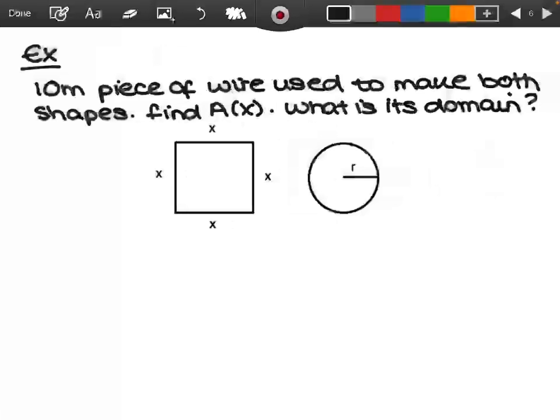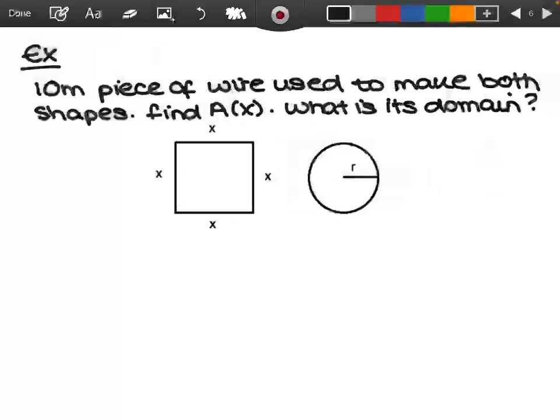The final problem I want to look at is a slightly more difficult problem, but once you see where it's heading, it's not so bad. It states that we have 10 meters of wire, and it's used to make both a square and a circle. So we've taken a piece of wire and cut it in two.